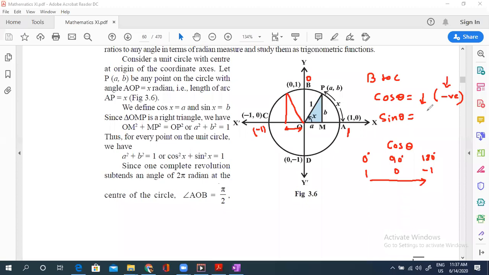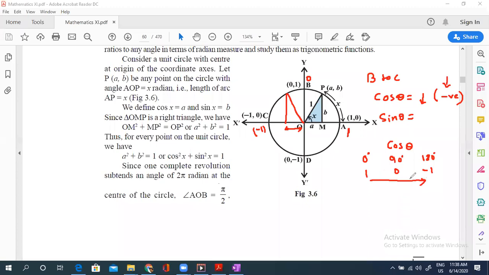In the second quadrant, x is negative, y is positive, which means perpendicular is positive and base is negative. So cos theta will be negative. Even though the length of the base is increasing, it is increasing in negative value. Hence, the value of cos theta will keep on decreasing.